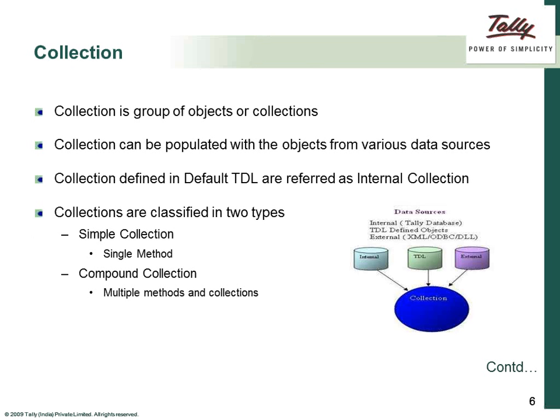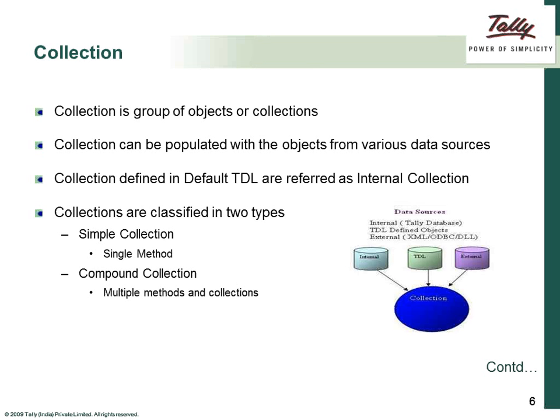A collection or a sub-collection that we spoke about is a combination of sub-objects which are of similar kind. But when I reframed this same definition, I said, a primary object is made up of methods and sub-collections.